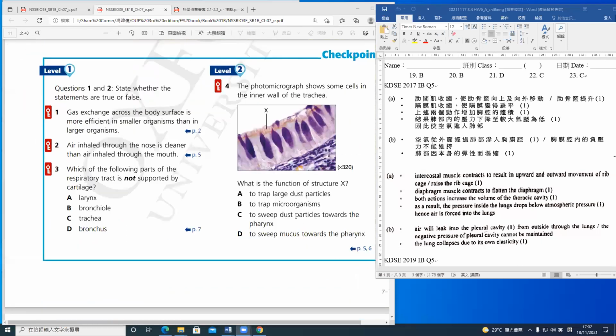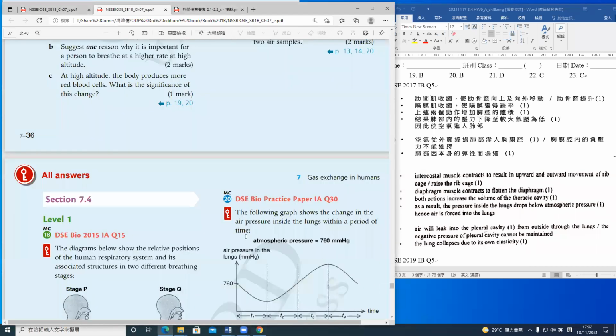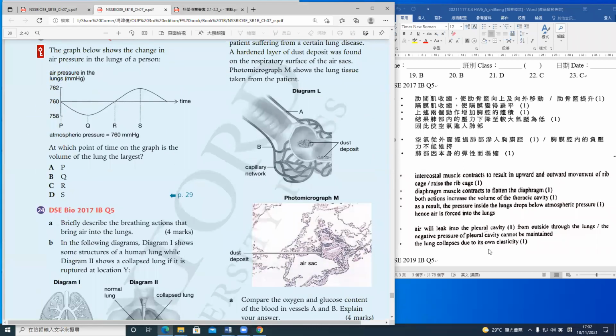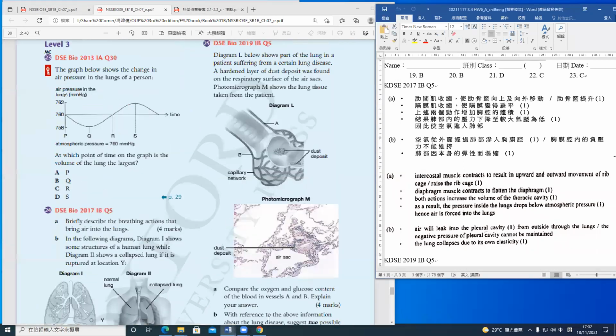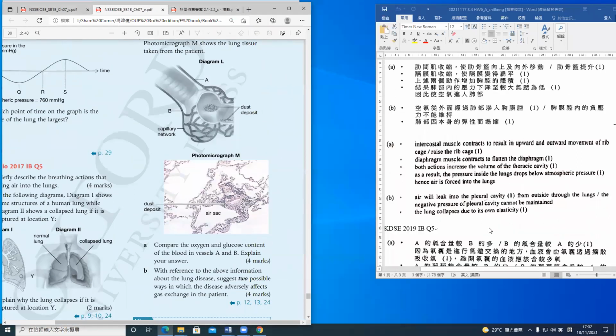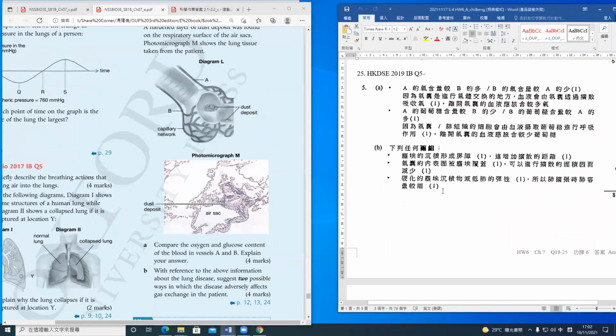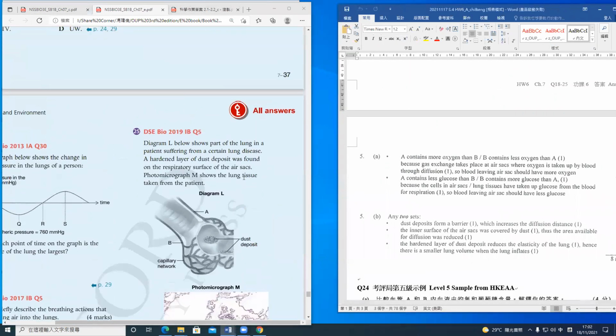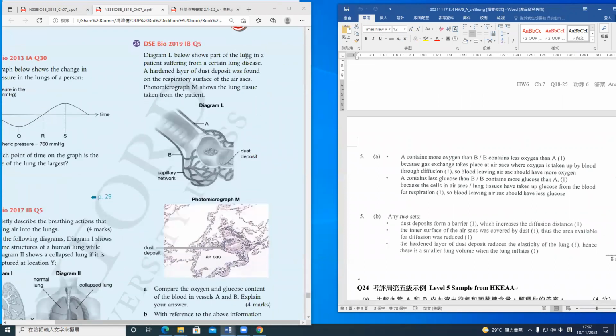Another question I want to go through is on page 25. They say there are some dust deposits on the surface of your air sac. What happens? Question 8: please compare the oxygen and glucose content.